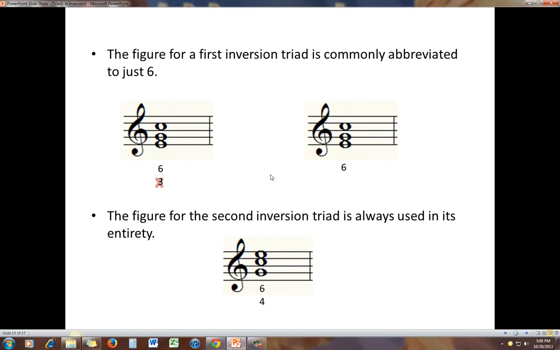The figure for a first inversion triad is commonly shortened to just the 6, so you can leave off the 3. And 6-4 for a second inversion triad is always used in its entirety.